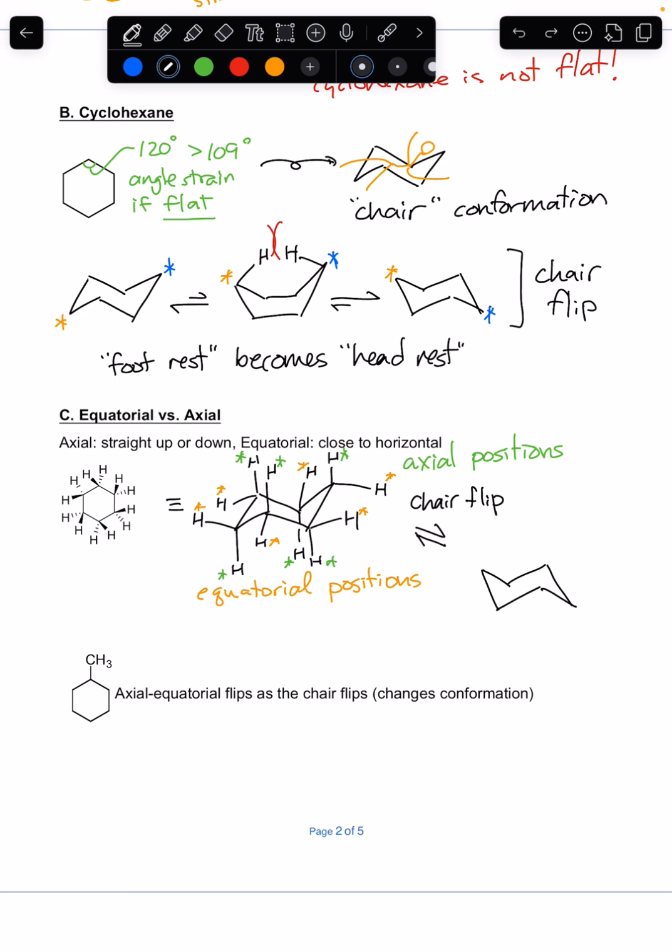Okay, so the ones that were orange, you'll notice, become the axial protons after the chair flip. Okay. And then ones that were axial or green become equatorial after the chair flip.